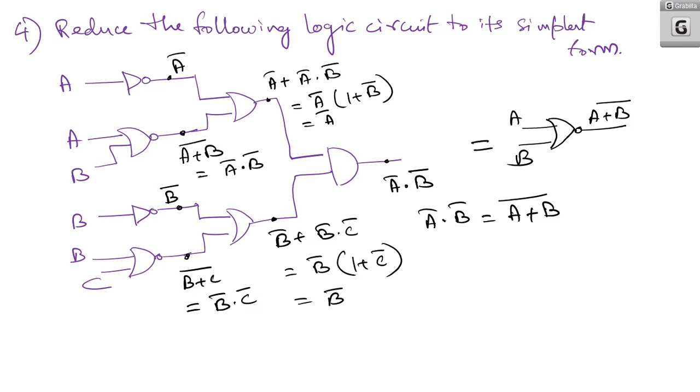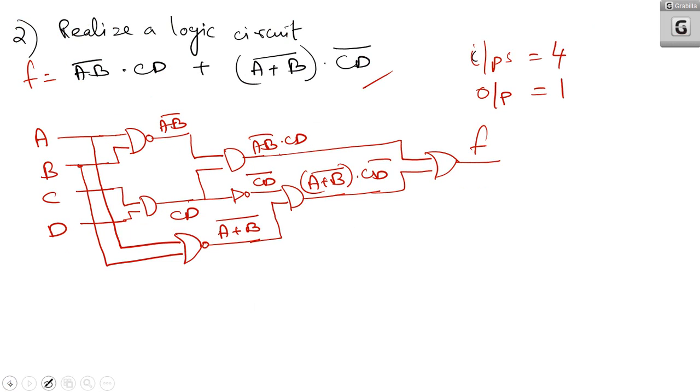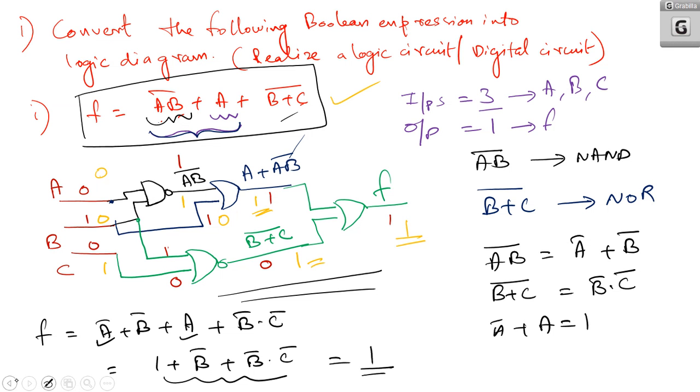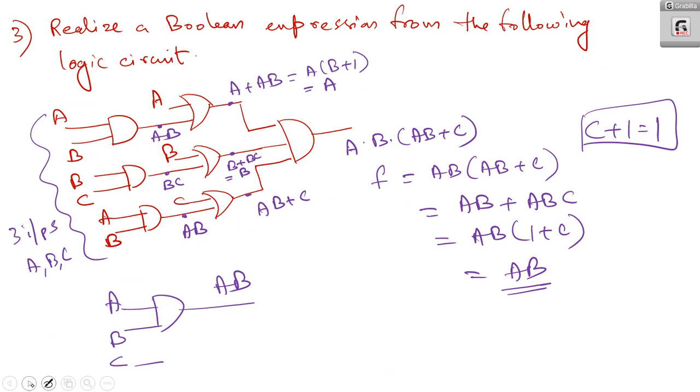Hope you have understood the concept of reducing the logic circuit into its simplest form. So with that I am ending this lecture. In this lecture what we have dealt with is, given a Boolean expression, how to come up with a logic circuit, and next, if you are given a logic circuit, how to derive a logic expression and how to reduce the number of gates used for the circuit.